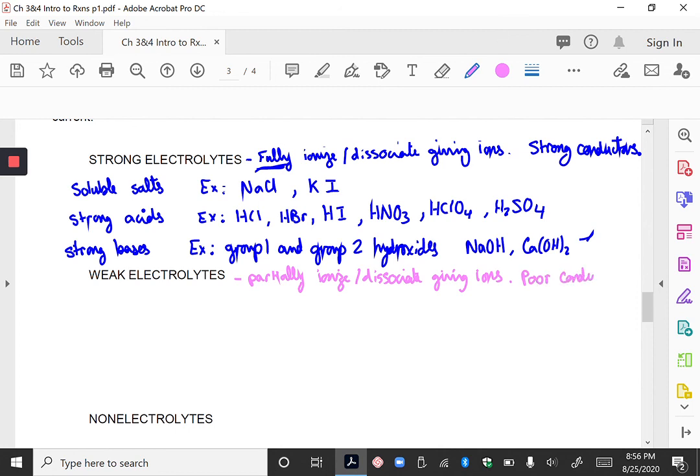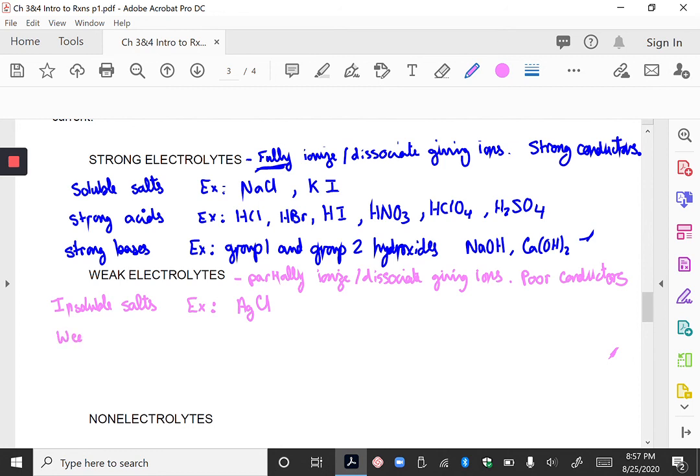They conduct, but not very well. What are the weak electrolytes? These would be insoluble or slightly soluble salts. So anything from the above table that was slightly soluble, something like AgCl, for example. That's not very soluble. So if you test it with a conductivity tester, the bulb will light up a little bit, but it's going to be pretty dim.